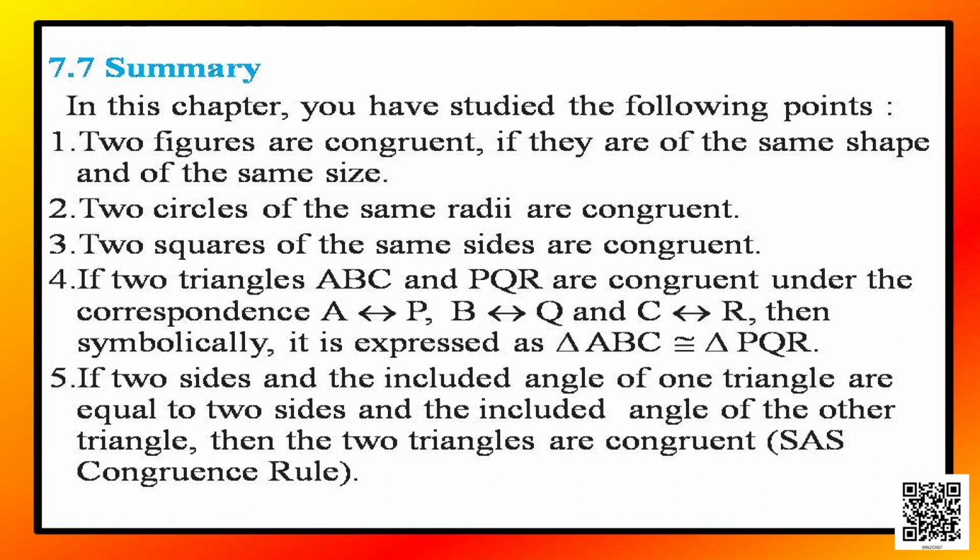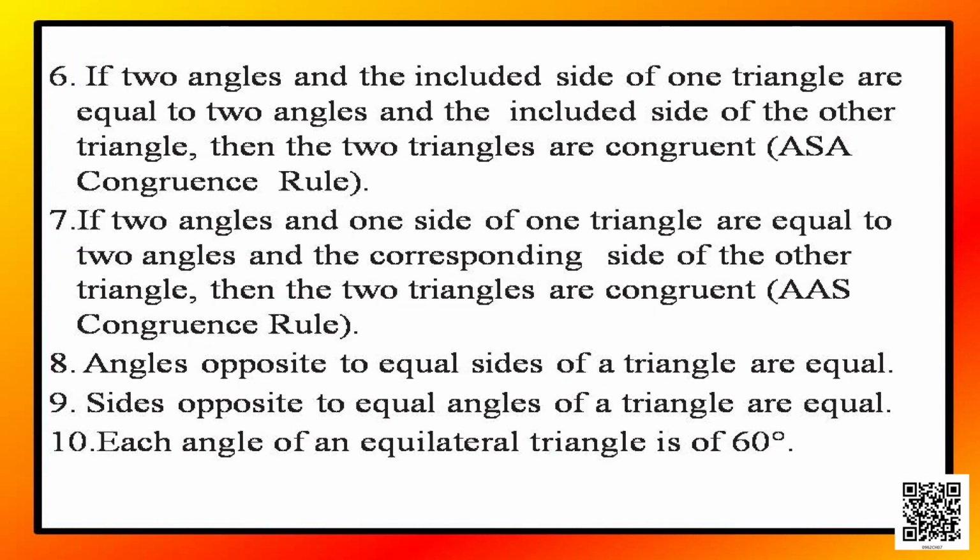If two sides and the included angle of one triangle are equal to two sides and the included angle of the other triangle, then the two triangles are congruent by SAS congruence rule. 6. If two angles and the included side of one triangle are equal to two angles and the included side of the other triangle, then the two triangles are congruent by ASA congruence rule.